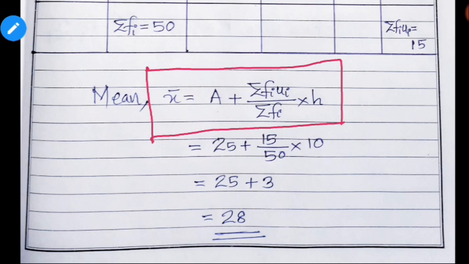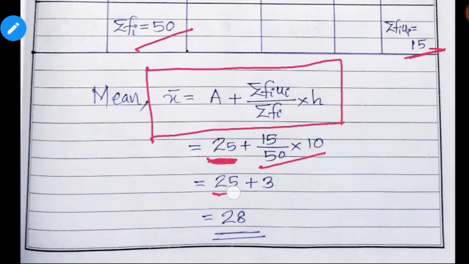Substitute the values. A is 25, we selected 25 as the assumed mean. Then summation fiui we found is 15, summation fi is 50, and h is 10. So 15 by 50 into 10.